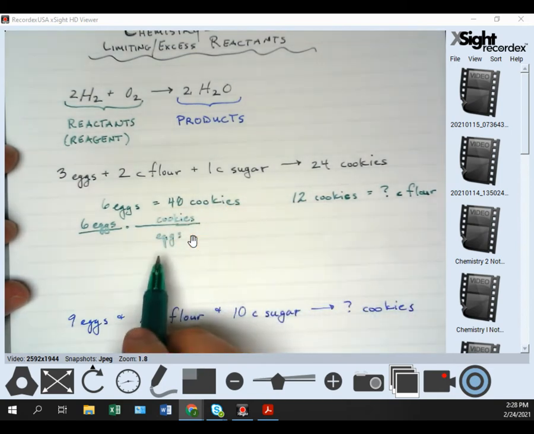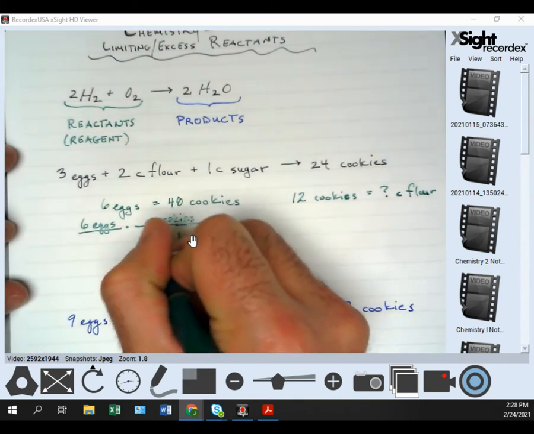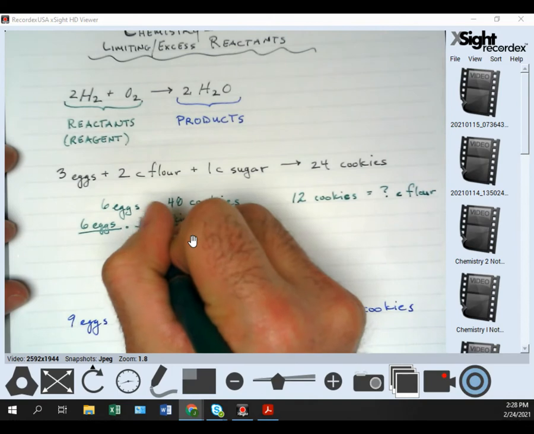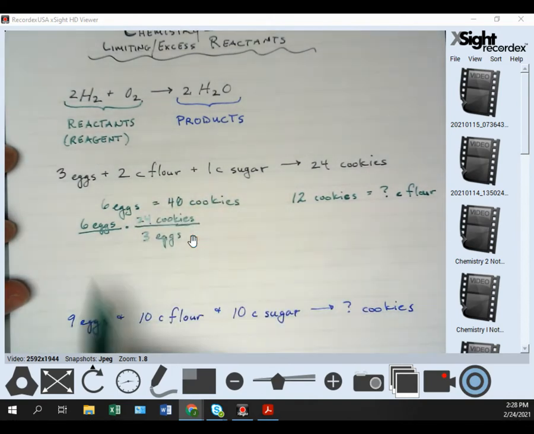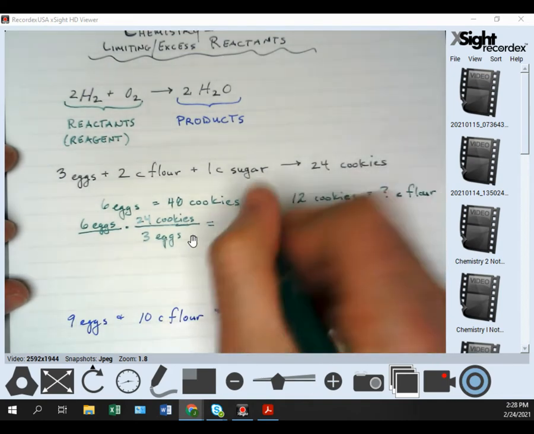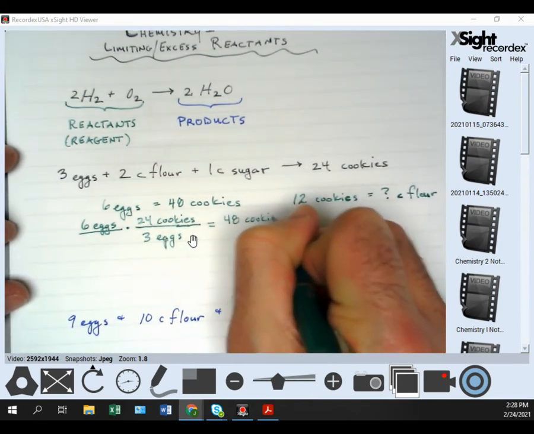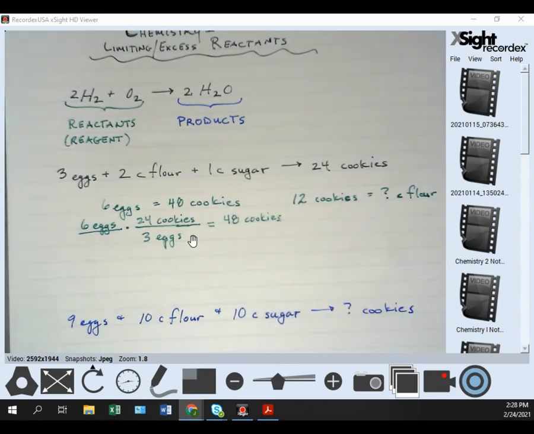Our recipe tells us that for 3 eggs we make 24 cookies. So 6 times 24 divided by 3 is 48 cookies. So you could use the dimensional analysis factor label method to figure out how many cookies.